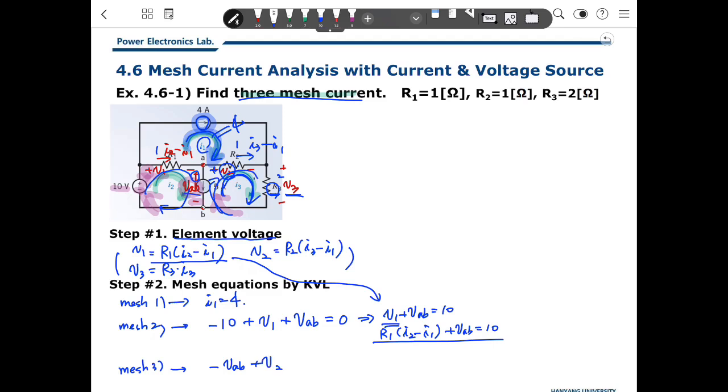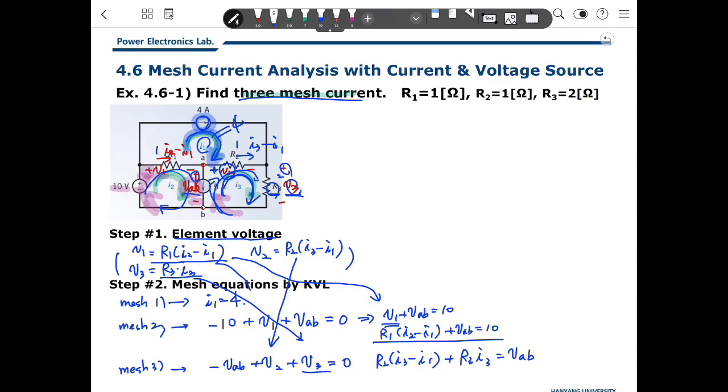Then we meet V3, the plus, so we write V3, and the sum is 0. So we are adding V1, V2 and V3 here. V2 is R2 times (I3 minus I1) plus V3 is R3 times I3 minus VAB equals 0.